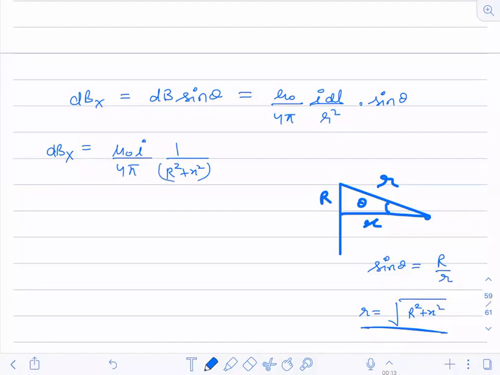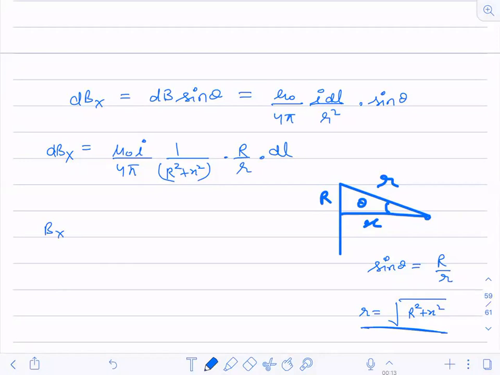Instead of sine theta, I will write capital R by small r, and then I will write dl. Is that clear?